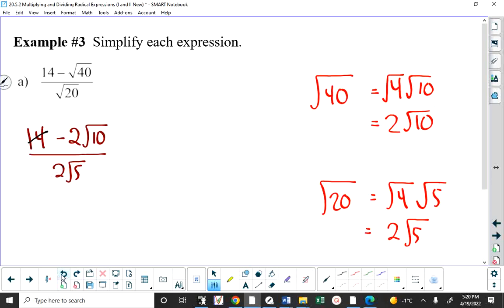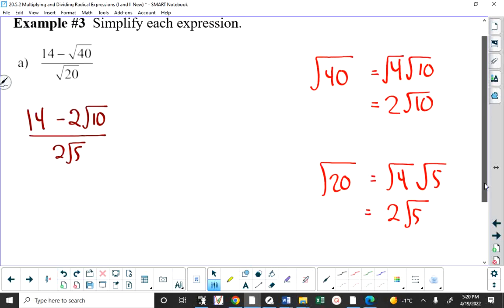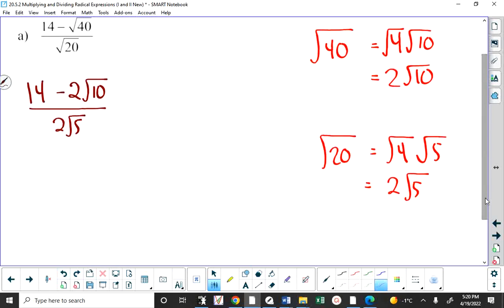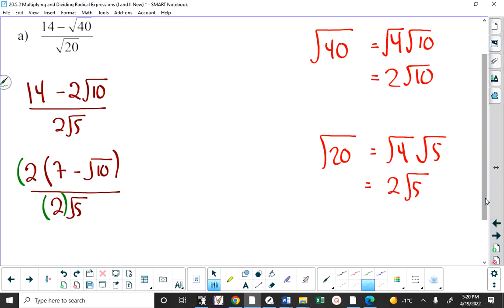But you can simplify by factoring a 2 out of the top, and I'll show you the shortcut in a second. But if I factor a 2 out of the top, I'm left with 7 minus root 10 over 2 root 5. And now you have a factor of 2 in the numerator and denominator, which can be canceled. And I've spent a fair amount of time going over that again and again in this course.